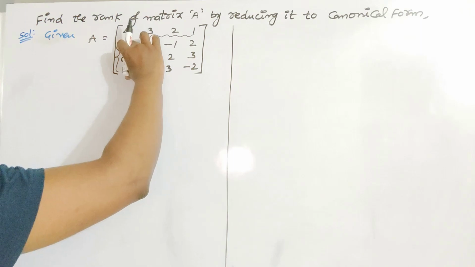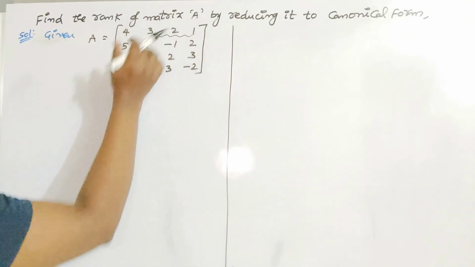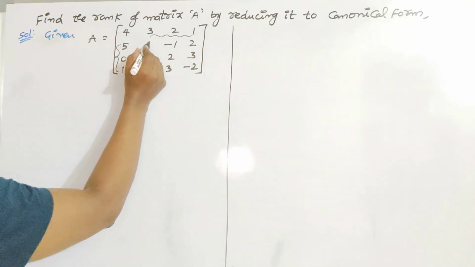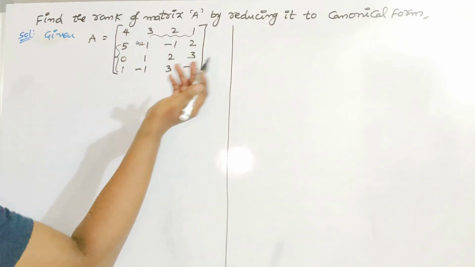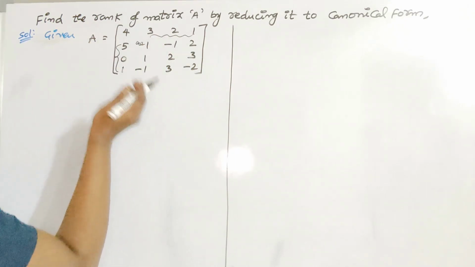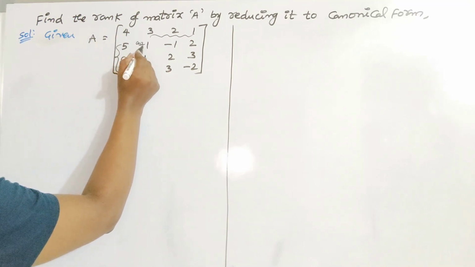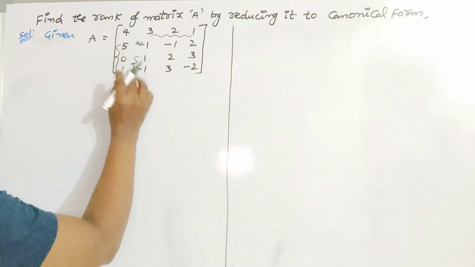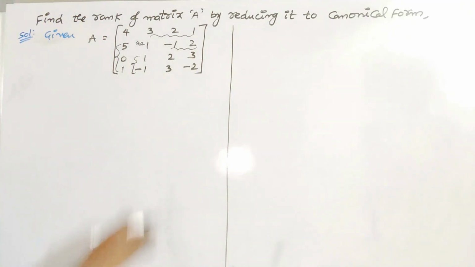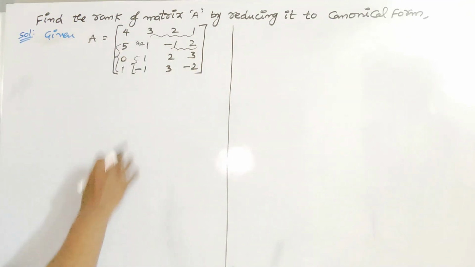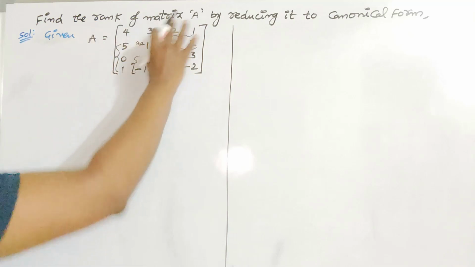After making these elements 0, look at the new pivot element, which is the A22 place element. It may be 1, otherwise not 1, we don't know. By using that A22 element, we have to make the below 2 elements 0 and the next 2 elements 0. That is the procedure. You can continue until you get all non-diagonal elements 0.